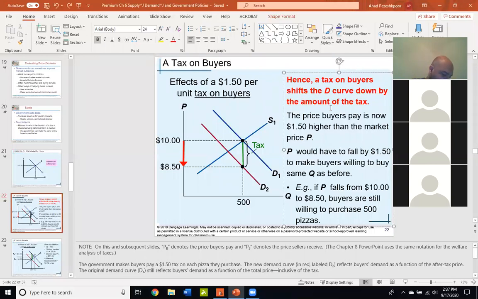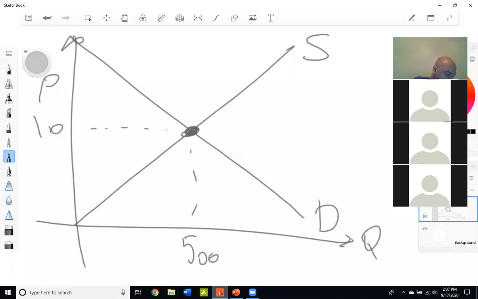So now this is the money that's going into the pizza. Now it will go down by the amount of the tax, to 8.5. So our demand curve now shifts to the left.